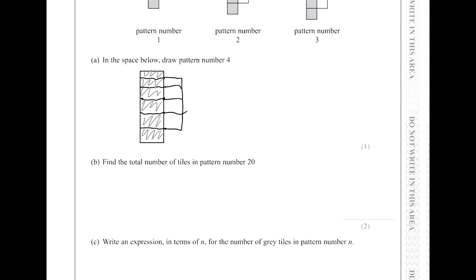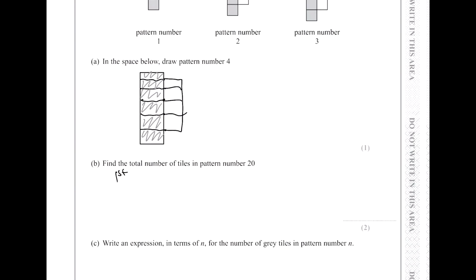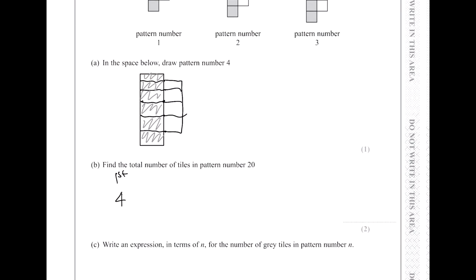So if we write that down, the first pattern number, you start off with 4 tiles. So this will be pattern number. This will be number of tiles. So the first is 4, and for the second one, you have 6, and then 8, and then so on.